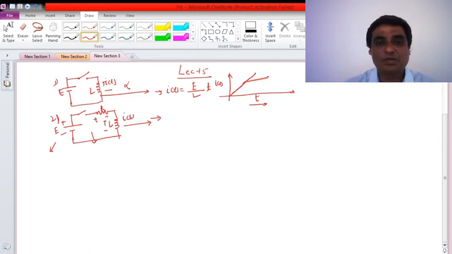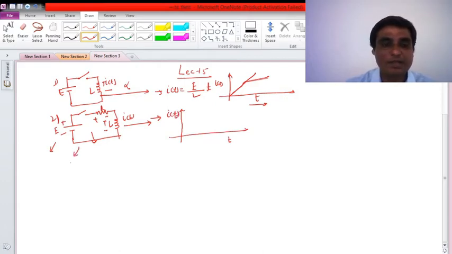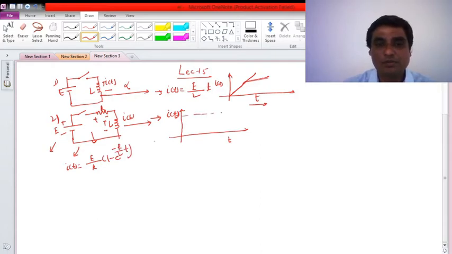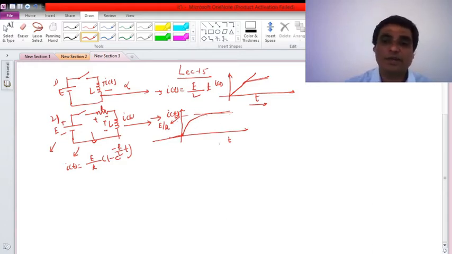Whereas in this particular circuit, the series RL circuit, if I draw the current behavior, the current at any time was E by R into 1 minus e raised to minus R by L into T. From minus infinity to 0 the current was 0, and at the switching instant it goes up exponentially, and at last it reaches E by R. We said we can wait up to 5 time constants to know that the inductor has been charged, instead of waiting for infinite time.